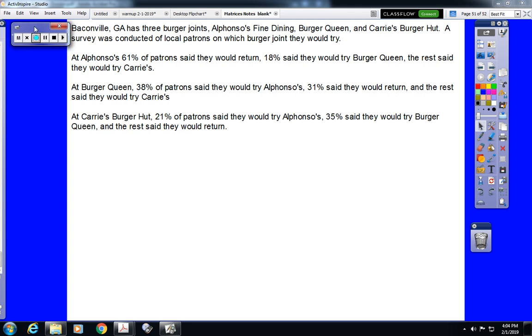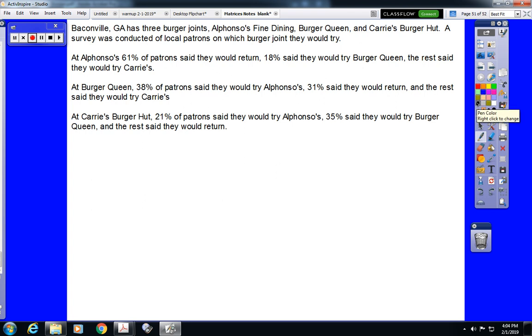In this case, we have a town in Georgia which has 3 burger joints: Alfonso's Fine Dining, Burger Queen, and Carrie's Burger Hut. We'll use A for Alfonso's, B for Burger Queen, and C for Carrie's Burger Hut. A survey was conducted of local patrons on which burger joint they would try the next time they went out to eat. At Alfonso's, 61% of patrons said they would return to Alfonso's, 18% said they would go from Alfonso's to try Burger Queen, and the rest said that they would go from Alfonso's to try Carrie's.